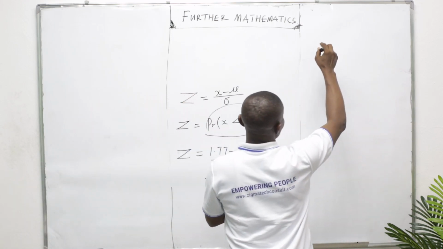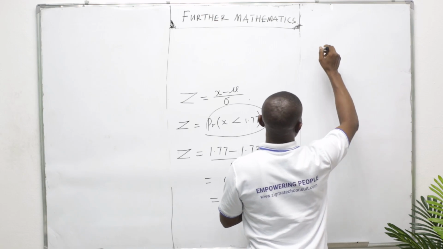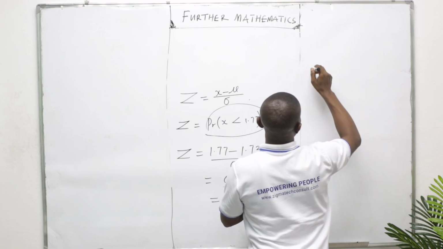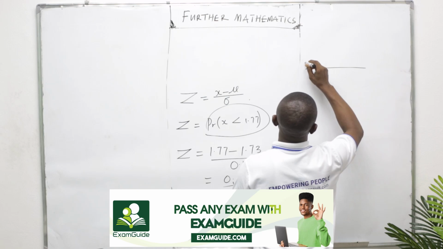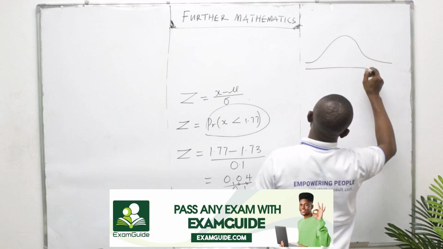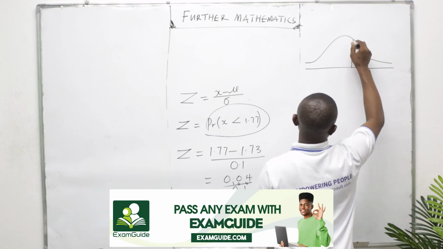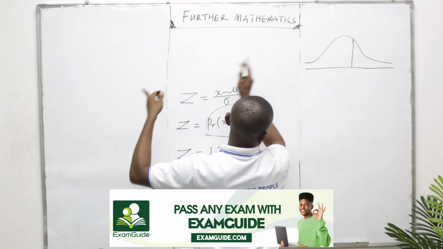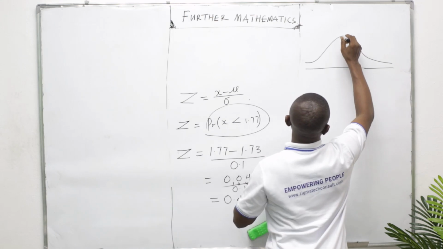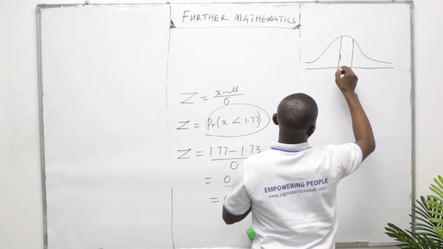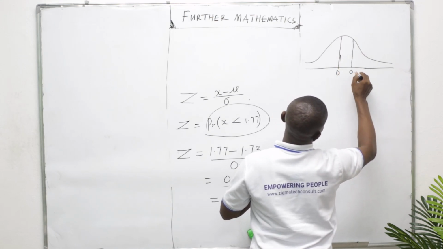Now I have to represent 0.4 is greater than who? 0. So downwards, this is our central part, which is the 0. Let's say here is 0.4.